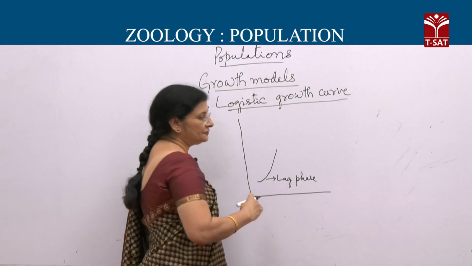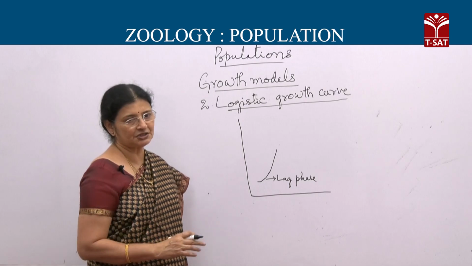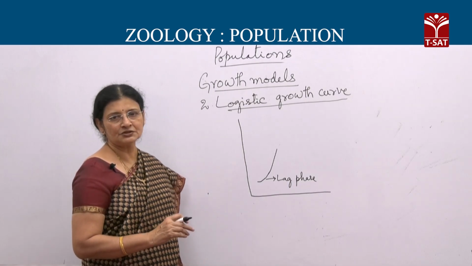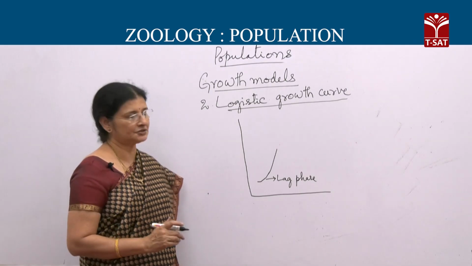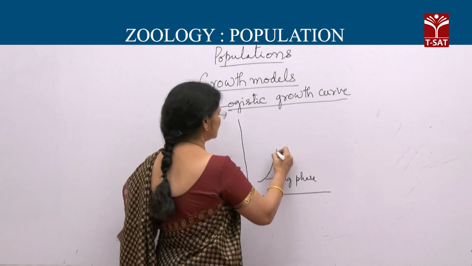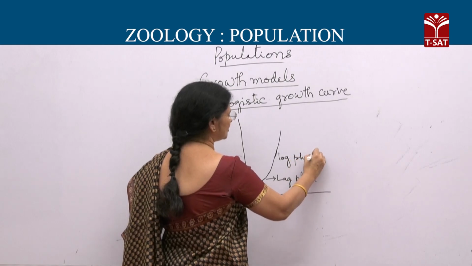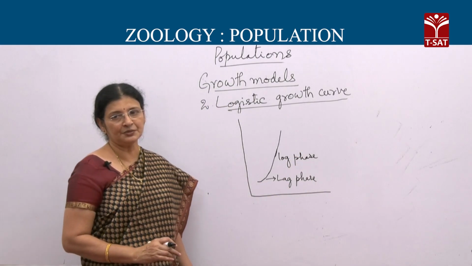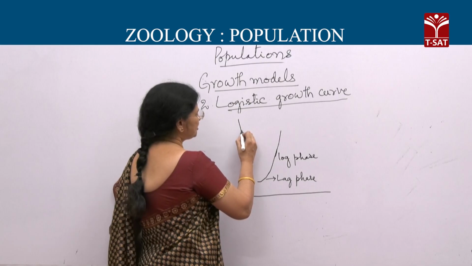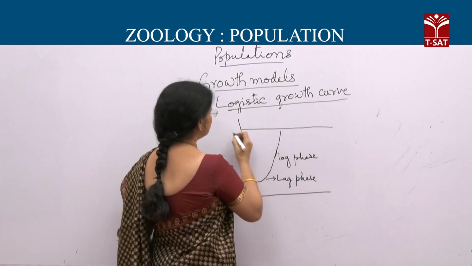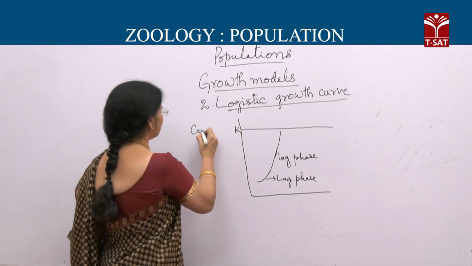After that, all of them might become mature, they reached the reproductive age, and they got adjusted to the new environment. So that leads to the faster growth of organisms, that is called log phase, logarithmic phase. Now, after reaching the carrying capacity, we represent this as K. K means carrying capacity.